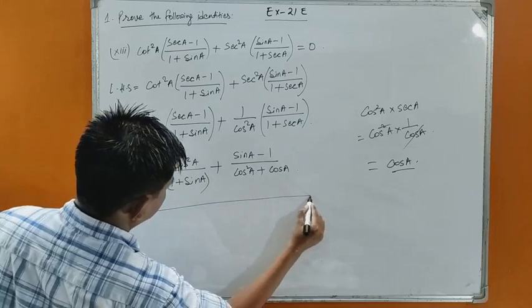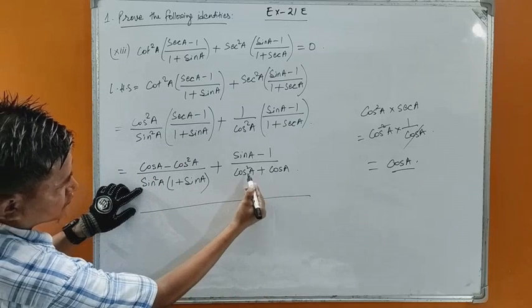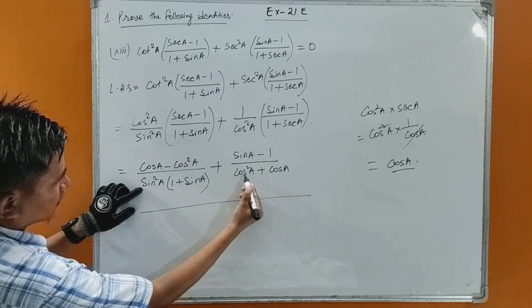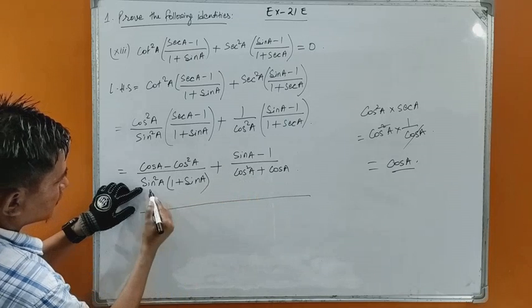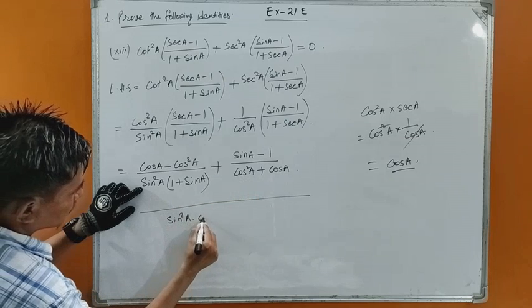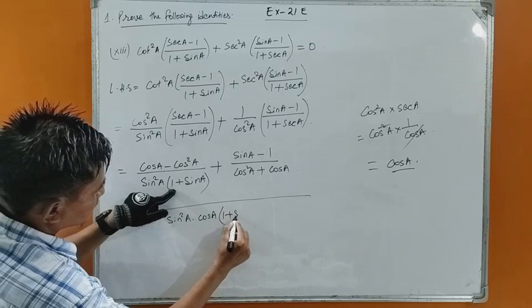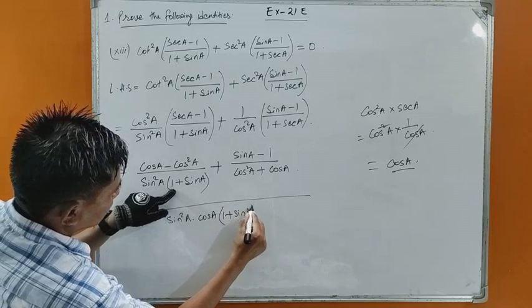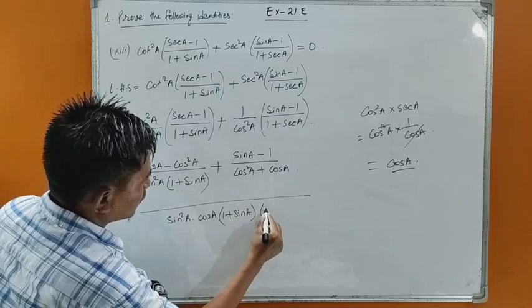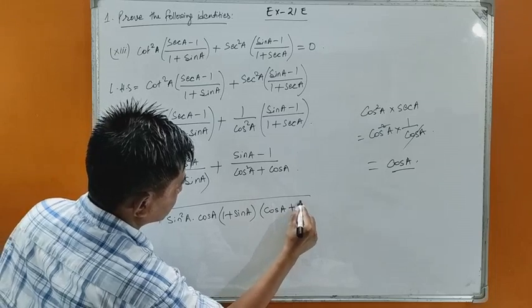The LCM will be sin square A. Let's take the common also from here, cos A and cos square A. Cos A is common. So sin square A into cos A into (1 plus sin A) into (here cos A plus 1), isn't it?